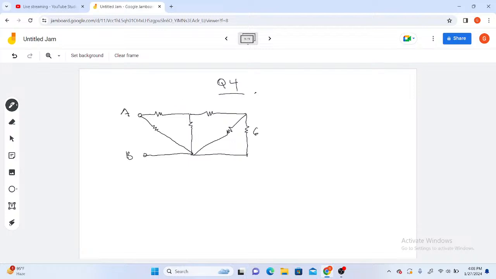So this place is 6 ohm, this place is 3 ohm, this place is 4 ohm, here is 4, this place is 3.3 ohms, and this place is 1 ohm.